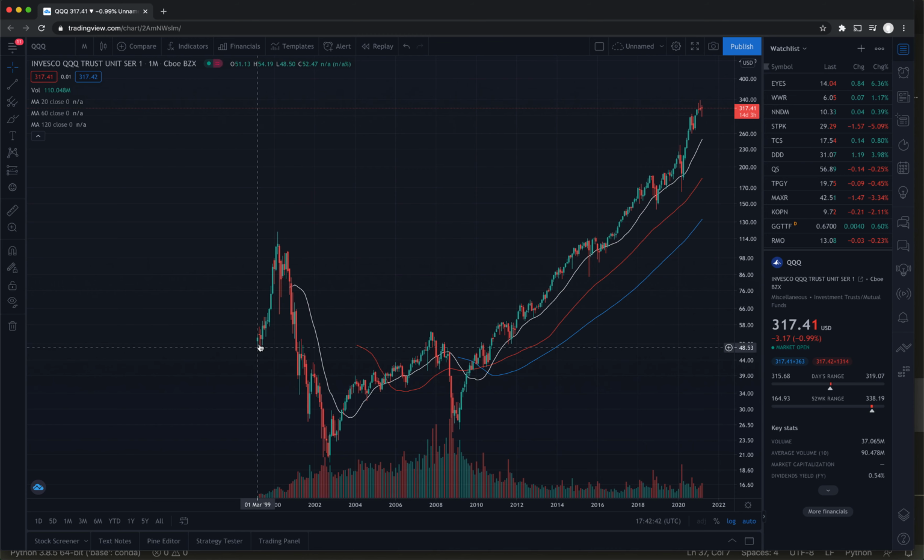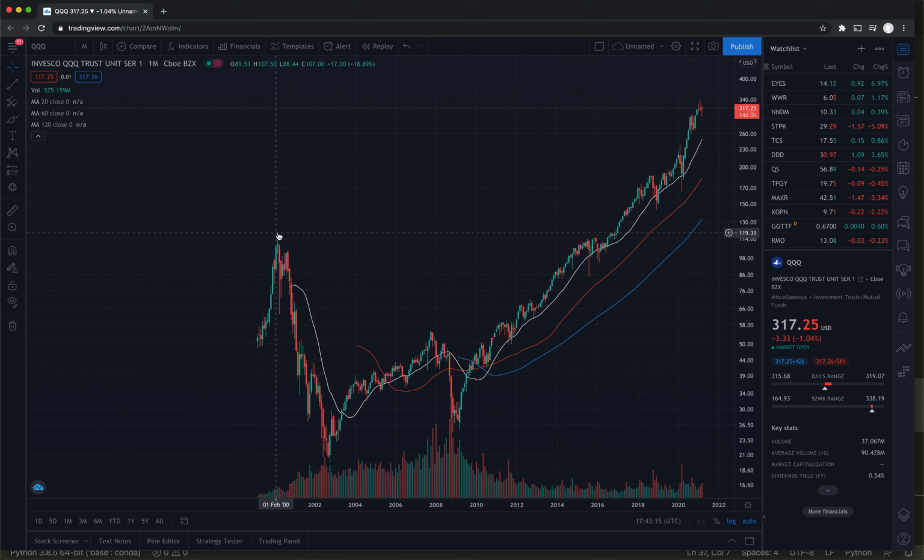You have a very sharp increase in the previous months, and then a very sharp decrease in the stock price for the next couple of years. Then it comes back a little bit, drops again, and rises back up. If you had bought QQQ at this price range around the year 2000, over the next 16 years you were actually losing money.